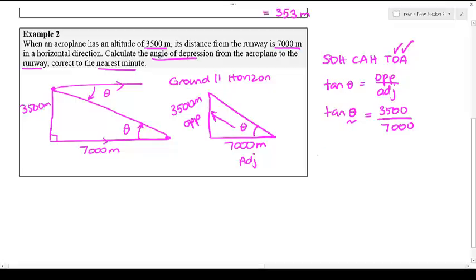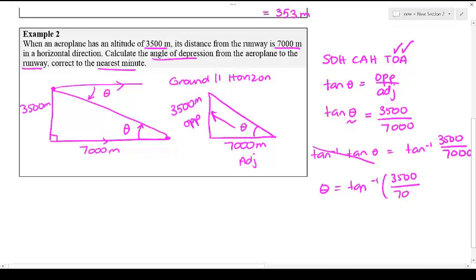To do that, we're going to times both sides by tan inverse. Multiplying both sides by tan inverse gets rid of this tan. So theta becomes tan inverse of 3,500 over 7,000.